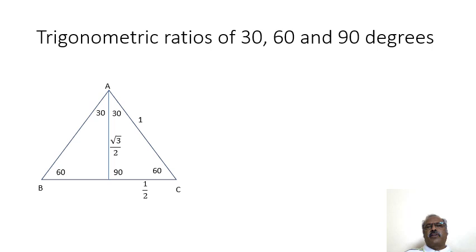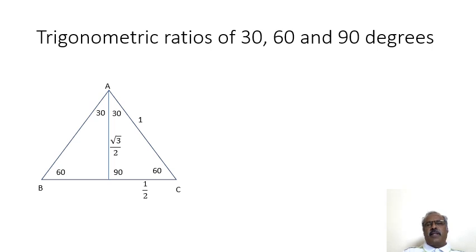The trigonometric ratios of 30, 60 and 90 degrees are required very frequently. We have already seen what the trigonometric ratios of 90 degrees are. Now, in order to be able to calculate the trigonometric ratios of 30 and 60 degree angles, we rely on the equilateral triangle with side 1.